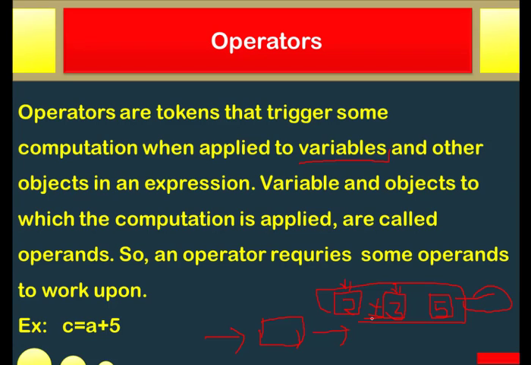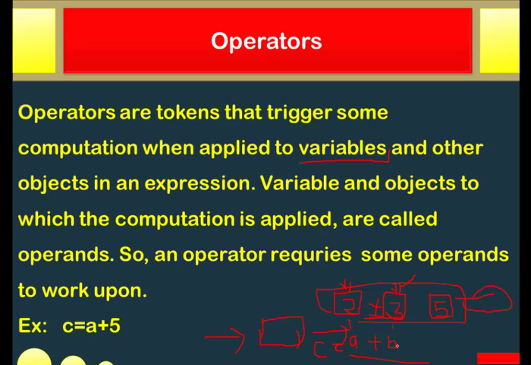These are the tokens which trigger some computation when applied to a variable or some object. Let's say this variable name is a and this variable name is b. So I'm going to write a plus b, and this is to be stored in c. So c is equal to a plus b.